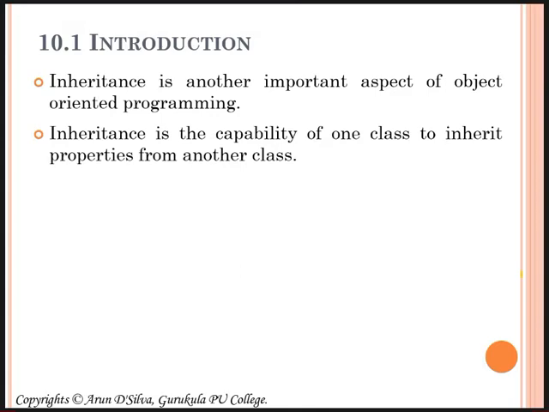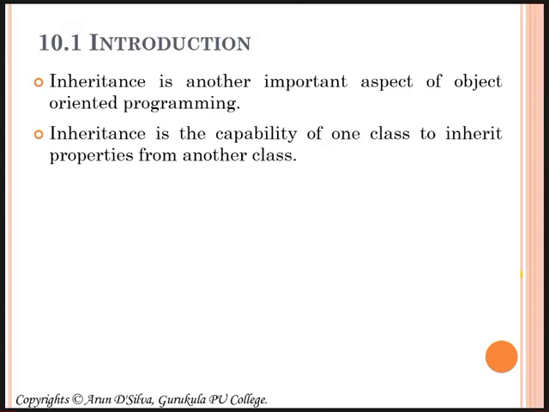How many classes can you have in a C++ program? If this question comes in front of you: in a C++ program or any object-oriented programming language, you can have any number of classes. There is no restriction that you can have only one or only two or only three, not like that. You can have any number of classes.